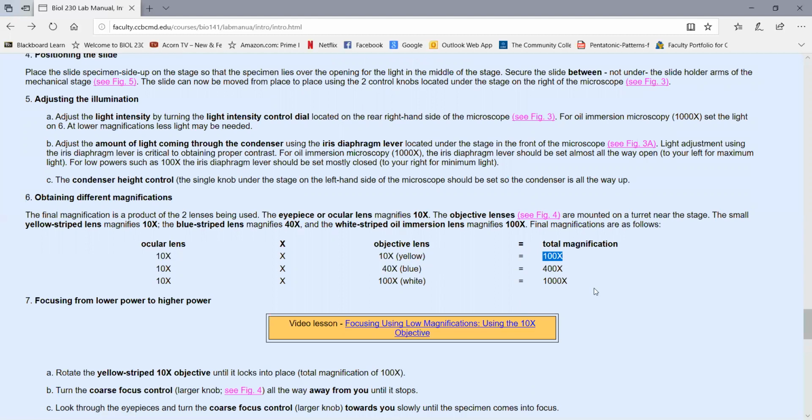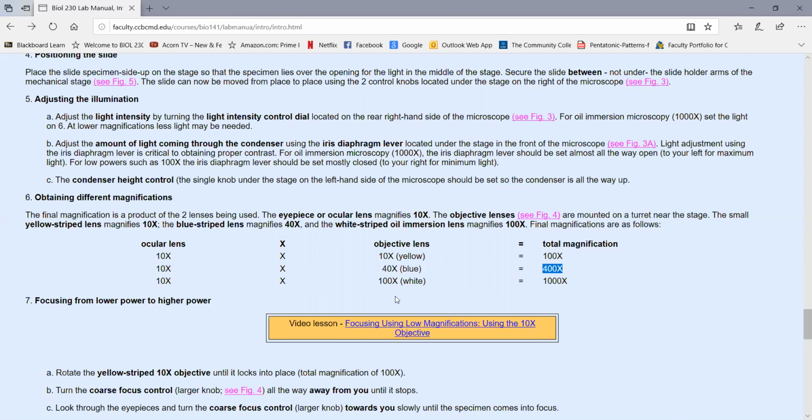We're seeing the image 100 times its real size. If we were to rotate the blue striped 40x objective into place, then the total magnification would be 10x of the eyepiece times 40x of the objective. We're seeing the image 400 times its real size.